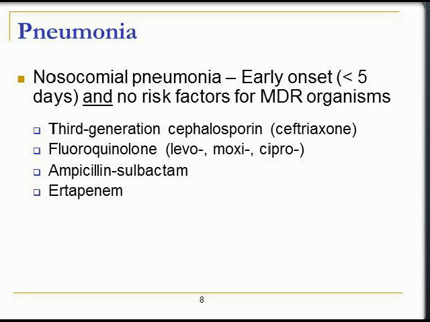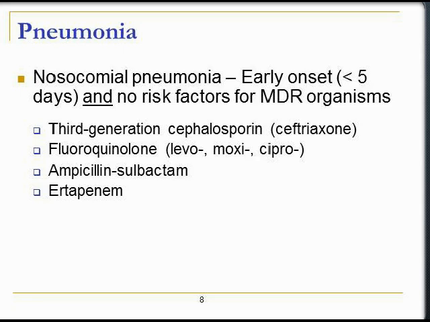Not a common demographic, but I usually see maybe 1 or 2 a month that fall into this particular category. So it does happen, but it's not the most common demographic. And then the patient also cannot have those risk factors for multi-drug-resistant organisms. Remember recent hospitalization, recent antibiotics, coming from a nursing home, et cetera.